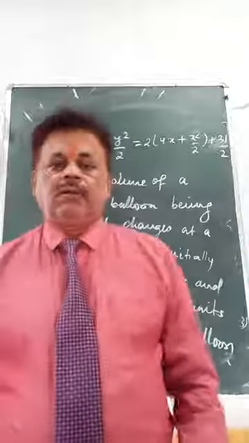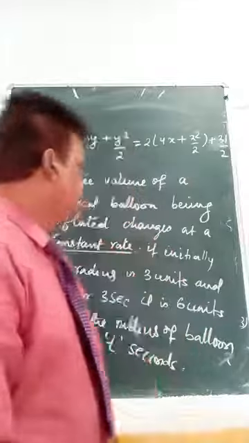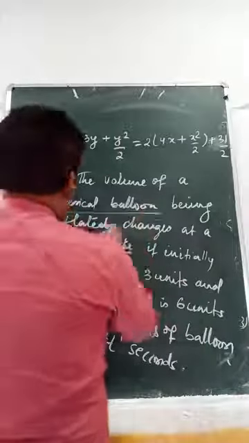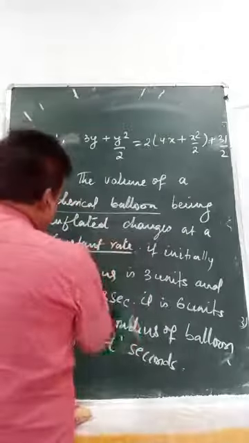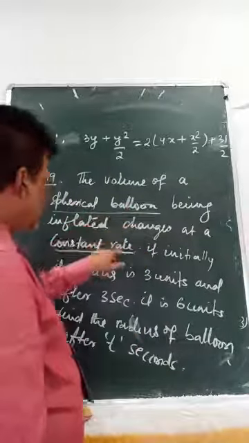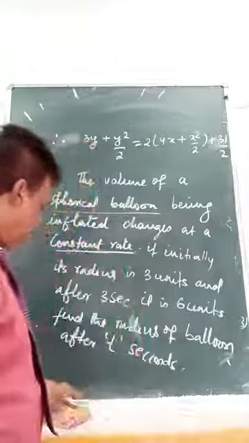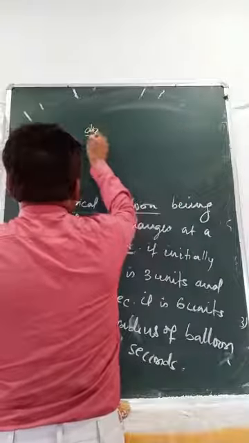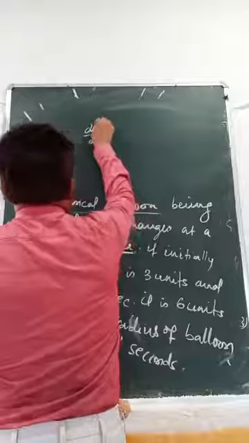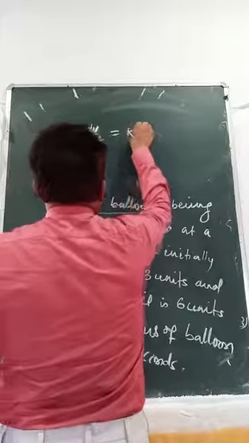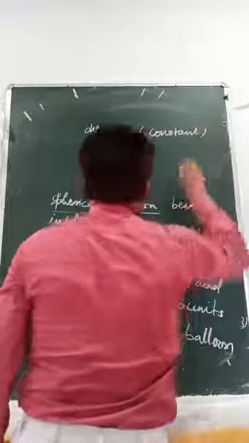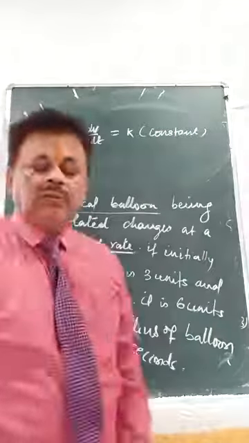Okay, how to do? The volume of a spherical balloon being inflated changes at a constant rate. Volume changes with respect to time. That means you are given dV by dt equals constant K. Constant rate, dV by dt equals constant.